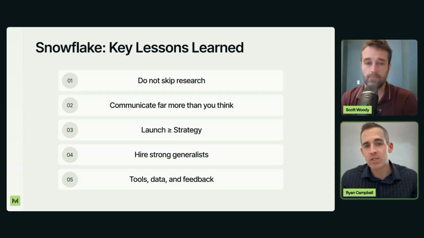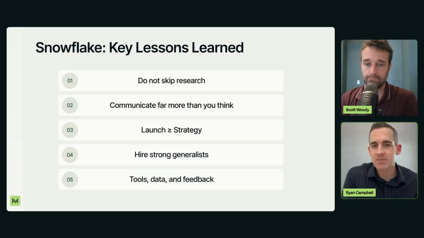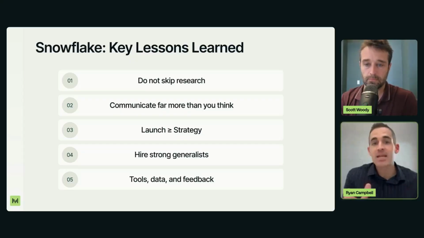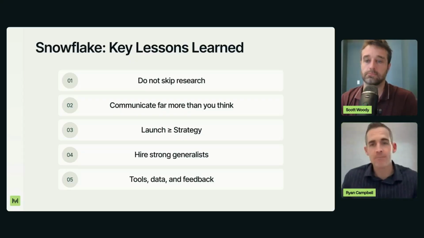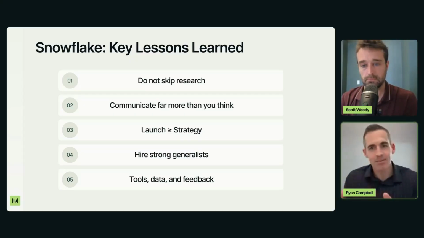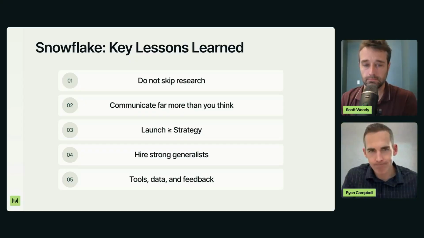And then the fifth one is, if you want to spend more time on research and you want to spend more time on feedback, invest in the systems and the tools and the data that allow you to automate a lot more of that system, because you're not going to have time to spend a lot of time in each one of those 5 stages. So pick the areas that you find are the most important, spend time there, and try to automate as much of the remaining steps as you can.